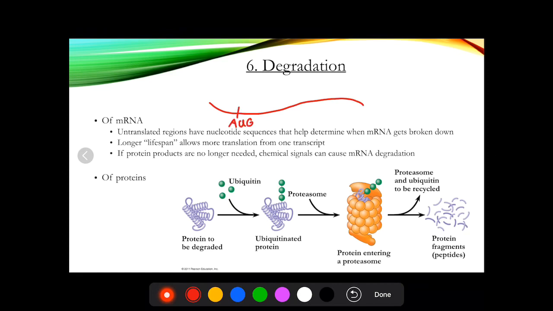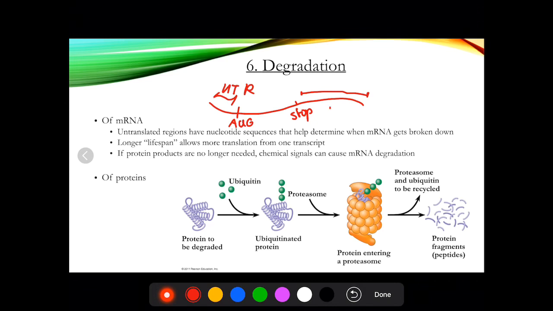Here's the start codon. Here's the stop codon. And these end pieces are called untranslated regions, UTRs. There are signals in the UTR that act as ticking time bombs. Maybe that mRNA will only last for minutes, maybe it'll last for hours, and maybe it'll last for weeks.